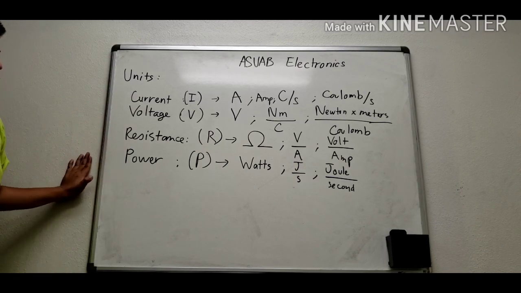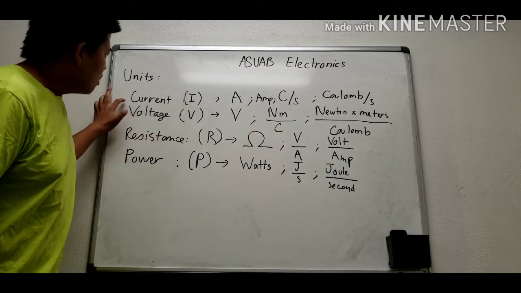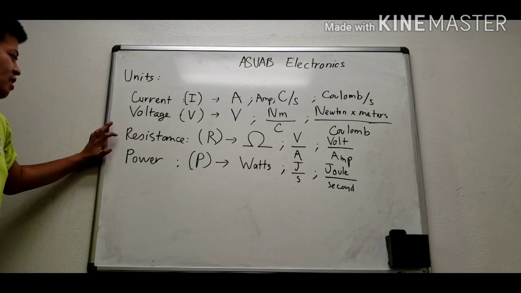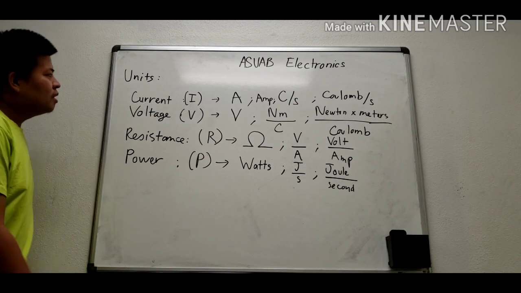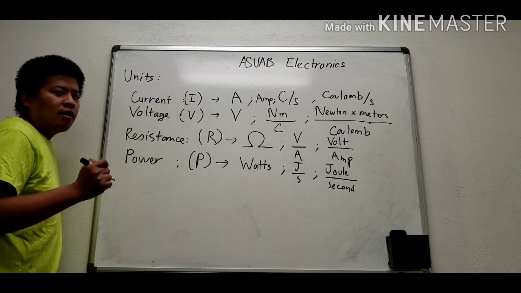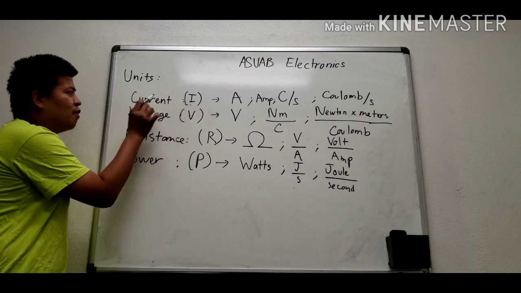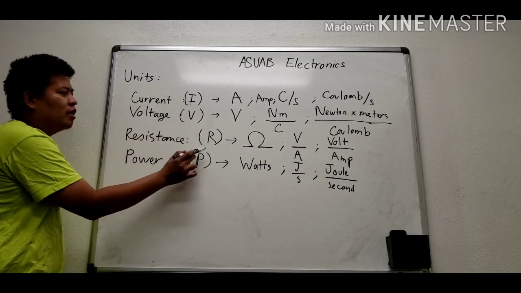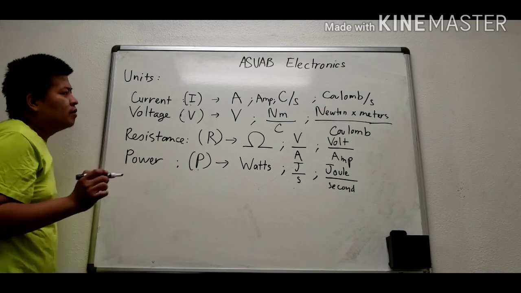On the test, they will ask what kind of unit is related to the current, voltage, resistance, and power. And I just show all of them. When we do the practice, we will use I for the current, V for the voltage, R for the resistance, and P for the power.